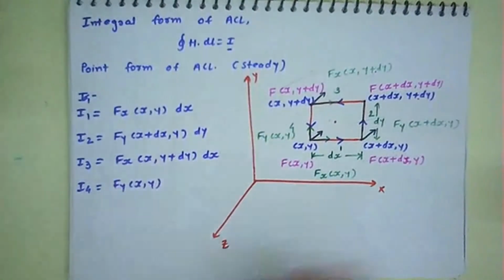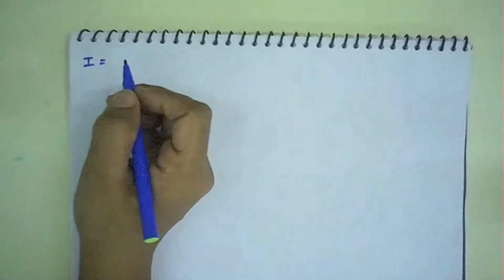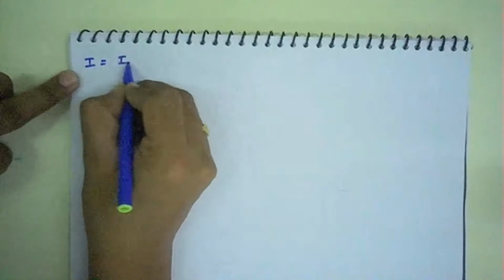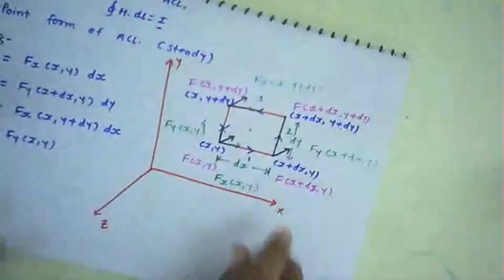Once we have this, we'll get the total integration by adding up all the segments. So once we add all the segments, we have I1, I2, and so on. Let us look at the direction.